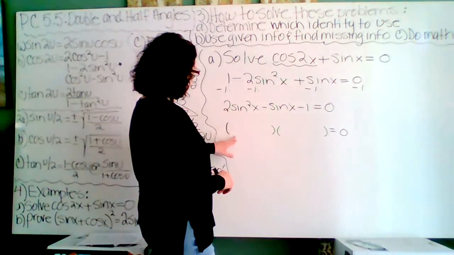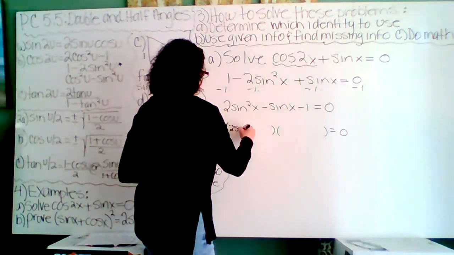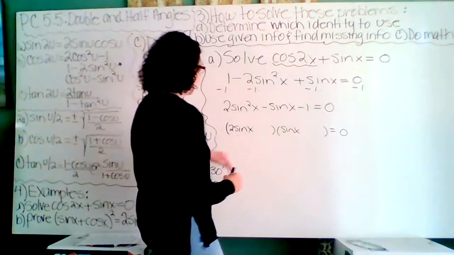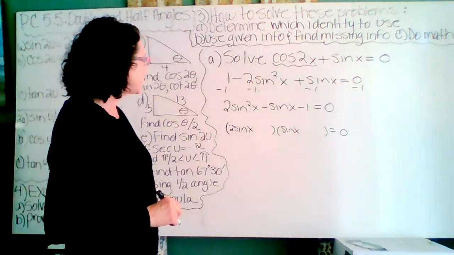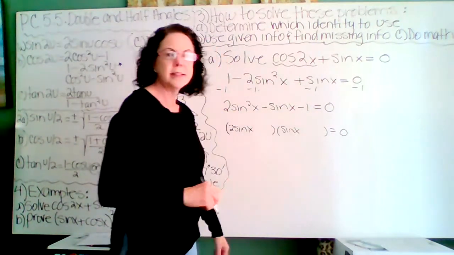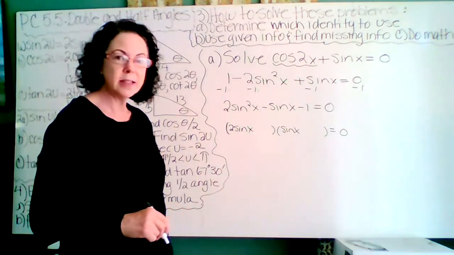The first terms have to multiply to 2 sine squared. The only possibility is 2 sine of x and sine of x, right? Notice when we multiply, we have 2 sine squared. Notice last I have to have a -1. And so it has to be a -1 times a +1.